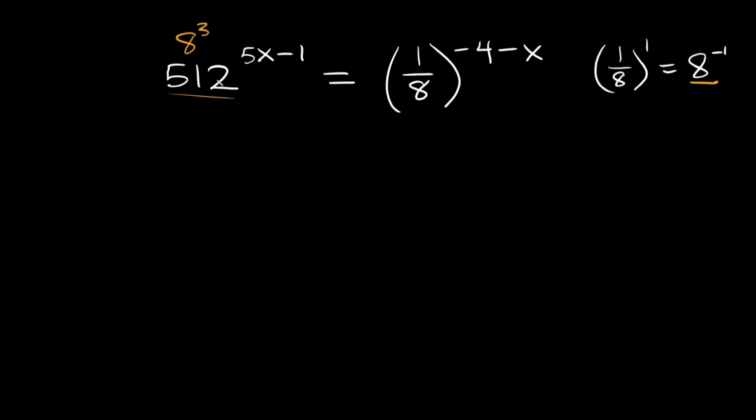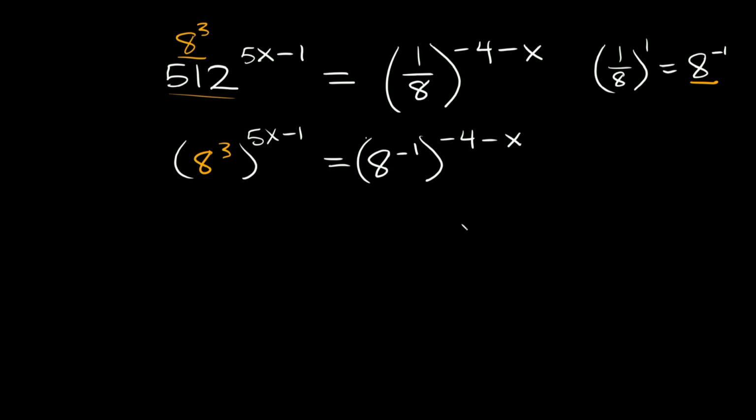Okay, so then that way they can both have a base of 8, right? So again, 512, we can rewrite that as 8 raised to the third power, and then that's raised to this guy still, 5x minus 1, and that's equal to 1/8, but we're going to rewrite it as 8 raised to the negative 1, and it's still raised to this guy over here, negative 4 minus x, okay?